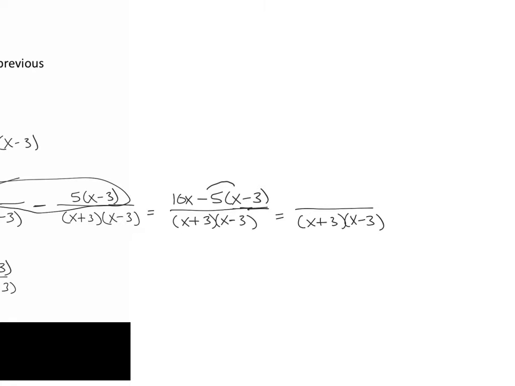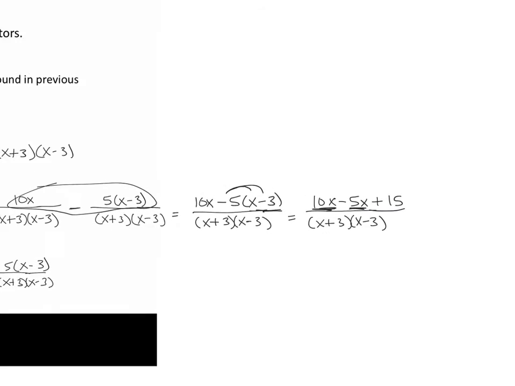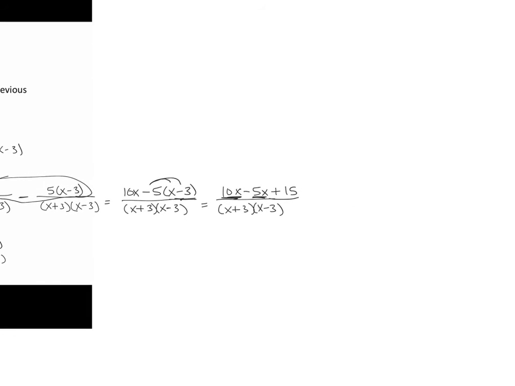All right, so 10x, now I'm going to distribute the minus 5. So minus 5x, and another term, that's going to be plus 15. Awesome. Do I have like terms here that I can go ahead and combine? So if I add those together, 10 minus 5 is 5x's all together.